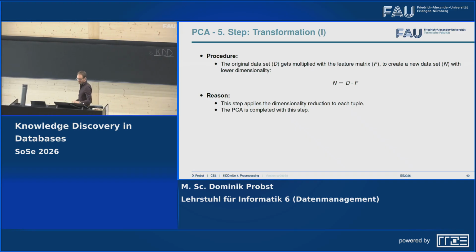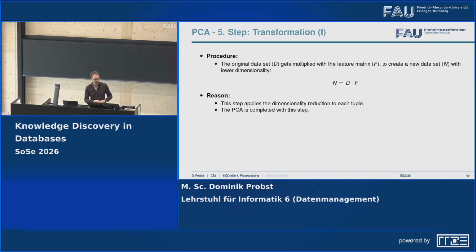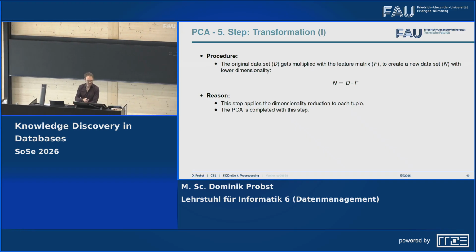The last step is to use the feature matrix to calculate the new dataset. And that's simply done by using a mathematical calculation. We are using the original dataset and multiply it with a feature matrix. So matrix multiplication.